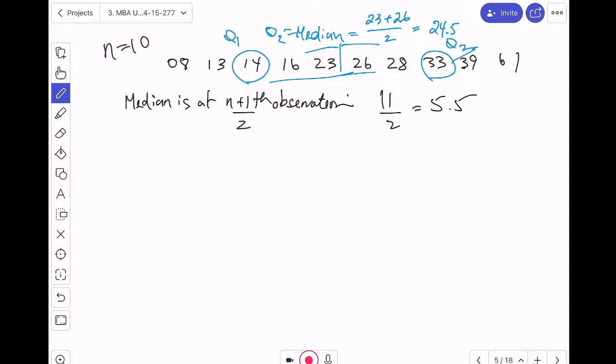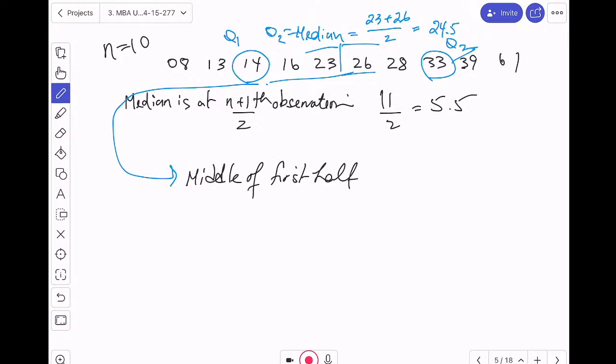If you had a large data set, you would calculate the middle of the first half by doing n plus 1 over 2, but now you use the n of 5 because that's the first half.